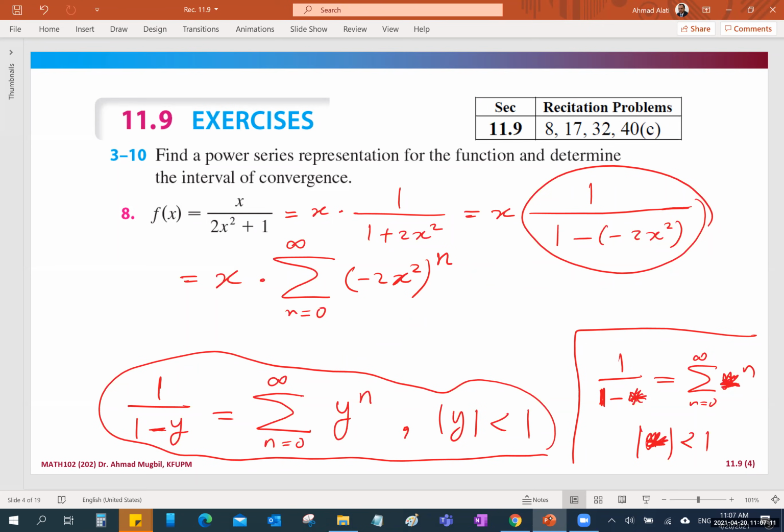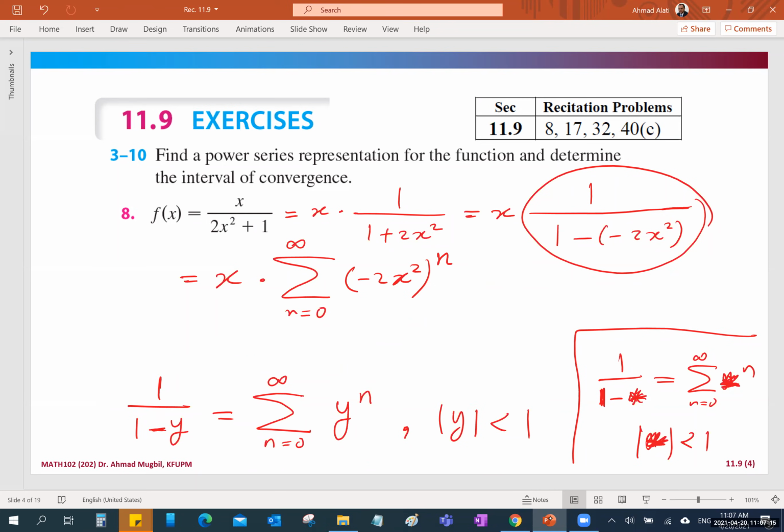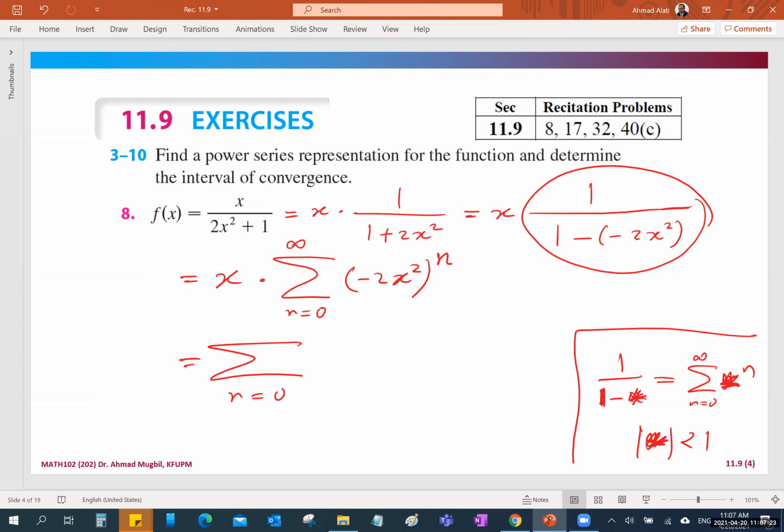What remains is just a matter of simplifying. So this will be equal to sigma n starting from 0 to infinity. Let me keep the x, and do one more step. This will be negative 2 to the power n. You can write it, by the way, as negative 1 to the power n, 2 to the power n.